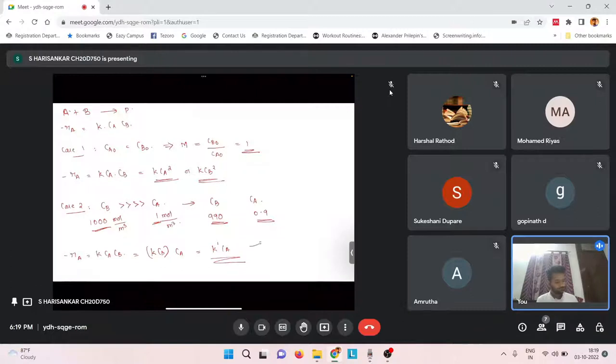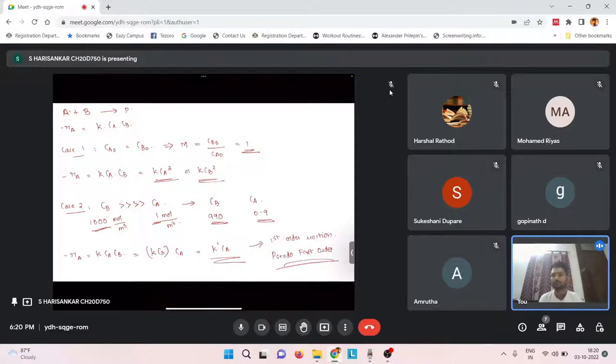Okay. So for this case, this second order reaction becomes a first order. In such cases, you can call this a pseudo first order reaction. Okay.